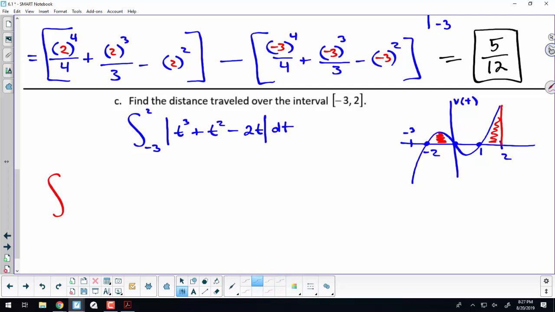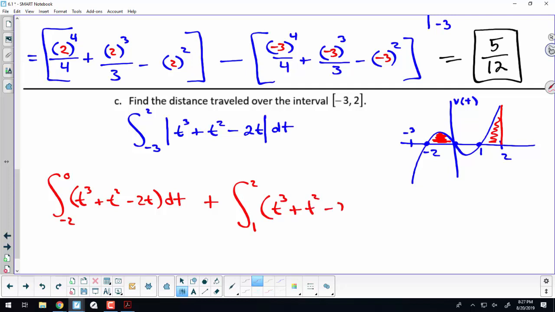So that first area above the axis, we go from -2 to 0 on that function, t cubed plus t squared minus 2t. Same thing with the other area. We're just going to add to that the integral from 1 to 2 on our velocity function, t cubed plus t squared minus 2t.